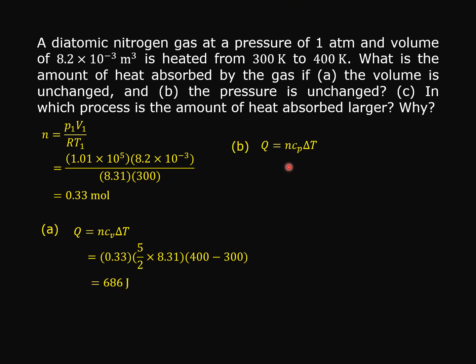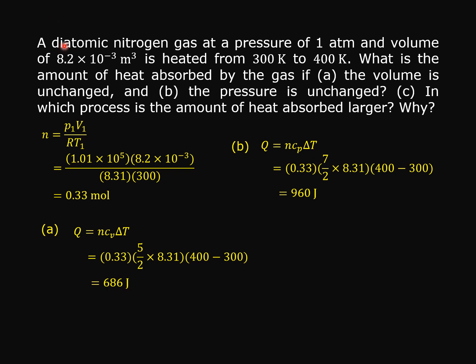For the second case, we want to find out the heat required to change the temperature of the gas from 300 K to 400 K without changing its pressure. The formula to calculate this quantity of heat is Q equal to n Cp delta T, where Cp is the molar specific heat at constant pressure. Again, the number of moles n is 0.33.